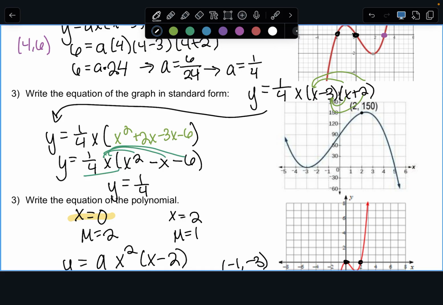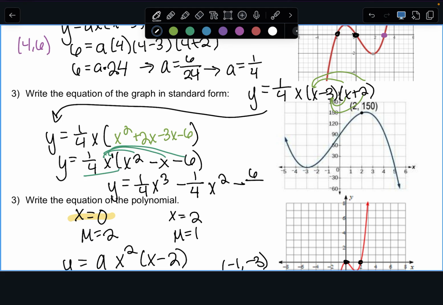And then we would have an x to what power? What would we do here? What do we do with those exponents? Add them, so x cubed. Still bringing that 1/4 in, minus 1/4 x squared. And then our last piece would be 1/4 times -6.